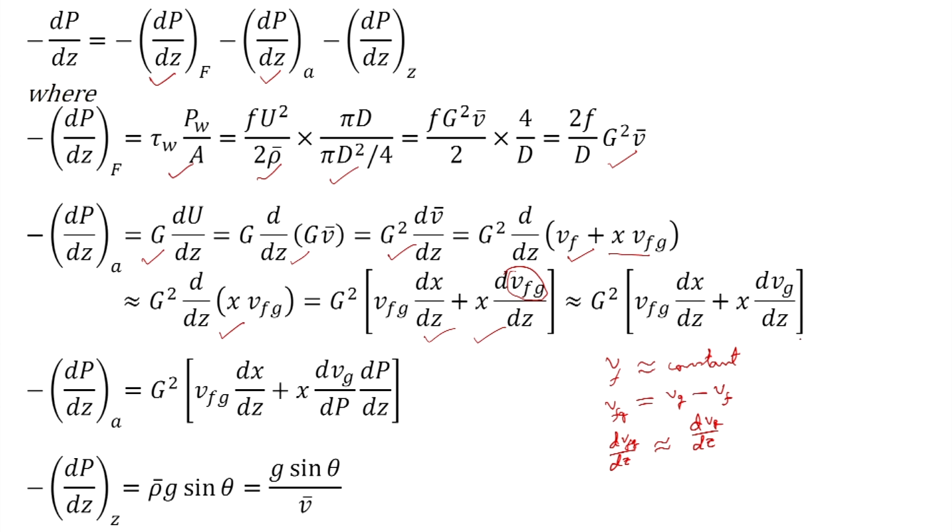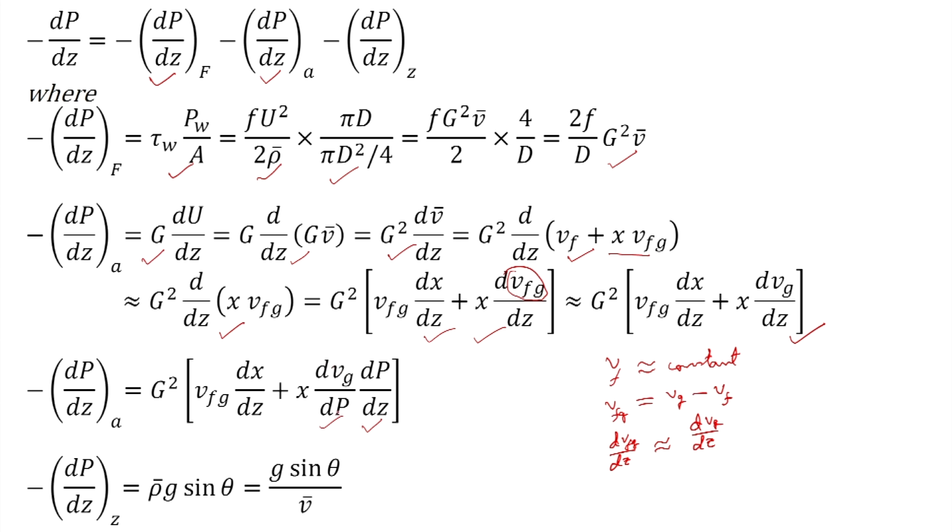So, we get this expression, Vfg dx by dz plus x dVg by dz. So, dP by dz due to acceleration is equal to G square times Vfg dx by dz plus x dVg by dz. Now, dVg by dz we rewrite using chain rule as dVg by dP into dP by dz.